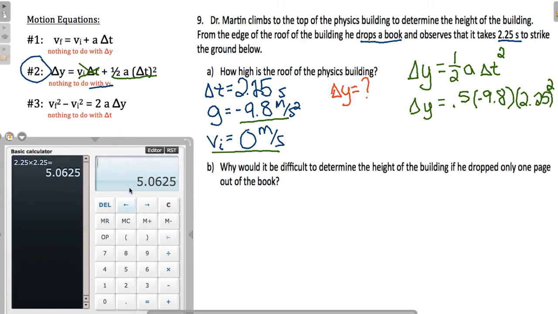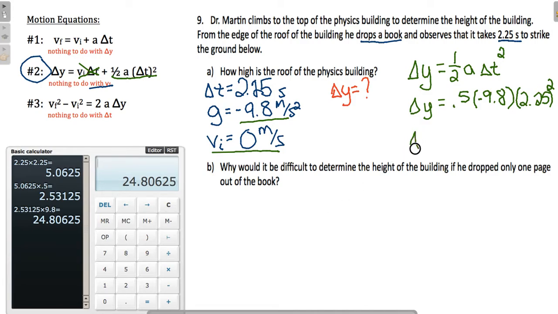Okay, I'm then multiplying this times 0.5, and I'm multiplying it times negative 9.8. My calculator's not that great on here, so I have to retype it in each time. There we go. Okay, so when you multiply all this out, your final answer should be that.